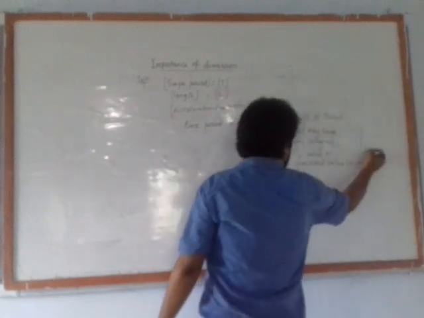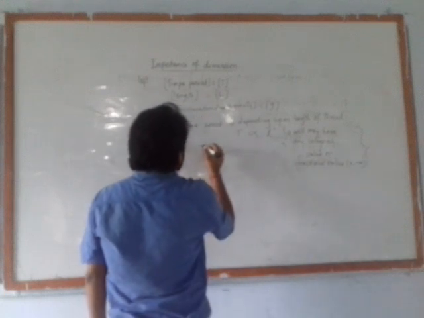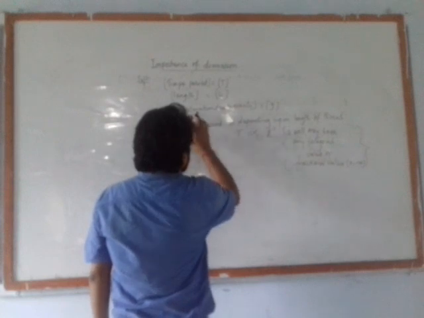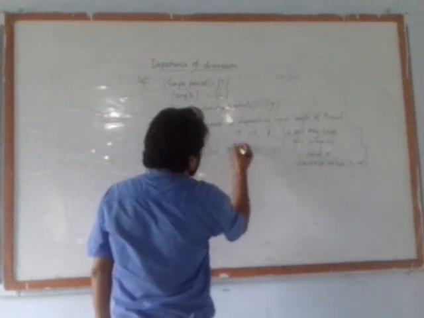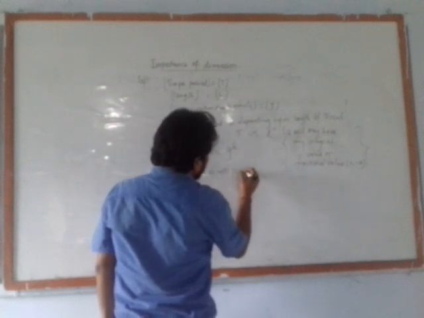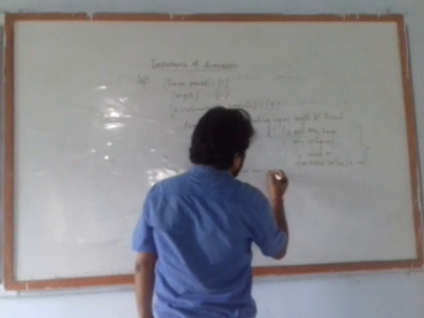Whatever constant I use here has the same meaning. Now the time period depends upon length, that is done. Now the time period depends upon g, so I will put b here. So b will have any numerical value.